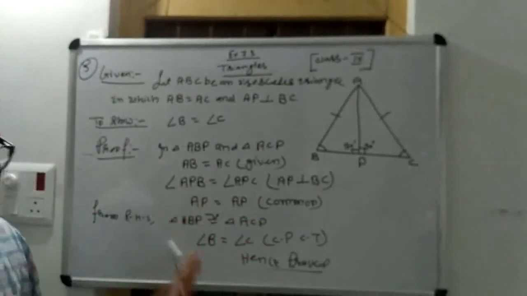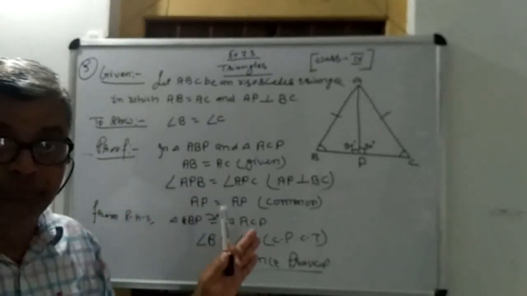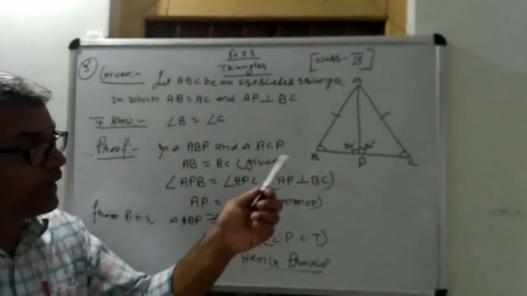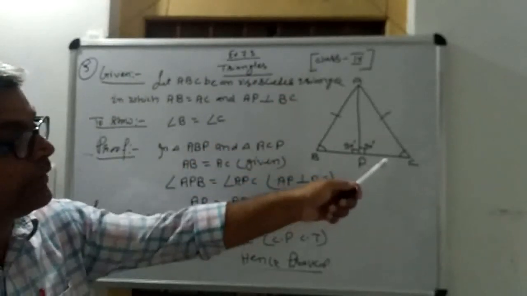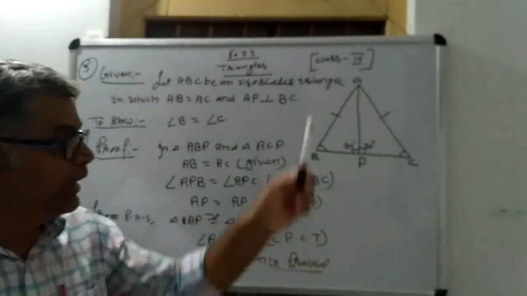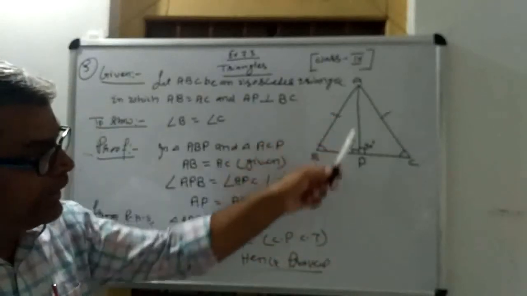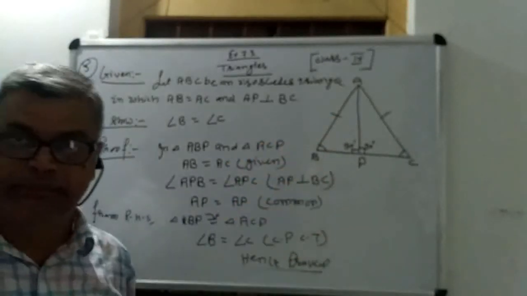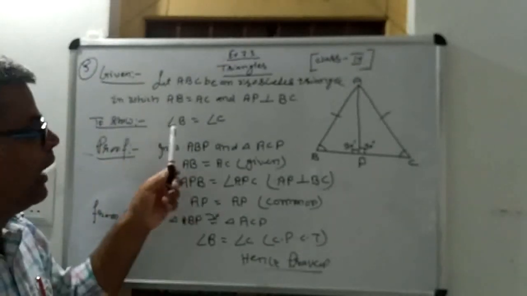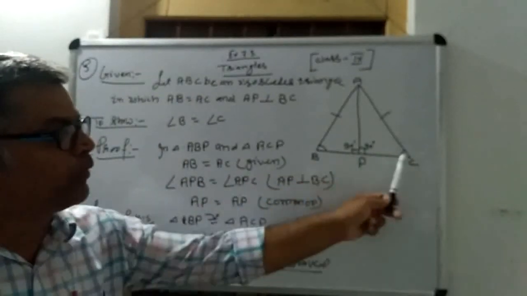This question was comparatively easy compared with the previous question, because you see that in this question all things are given. In triangle ABC, it was given that it was an isosceles triangle, it means AB equals to AC, and it is also given that AP is perpendicular on BC. These two things are given. Now we need to show that angle B is equal to angle C. These two angles are to be made equal.